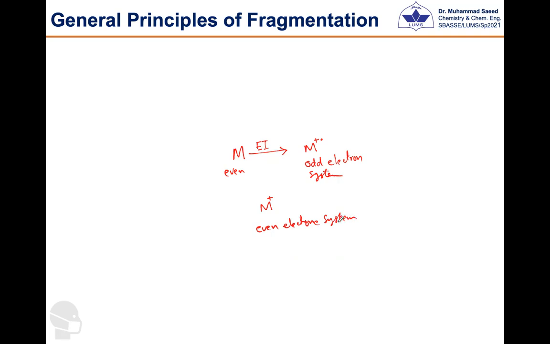Okay, so before we investigate different mechanisms, we have to realize what type of ion we are dealing with. What I mean is that you have to identify whether the ion you want to fragment is an odd electron or even electron system.